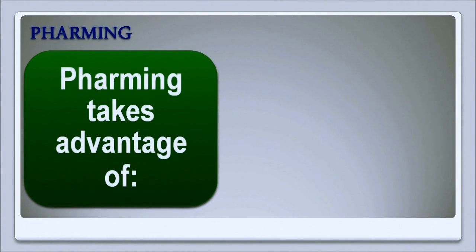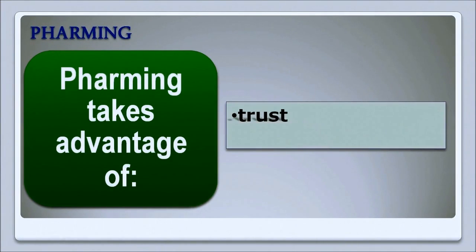Farming takes advantage of trust and confidence. Of course, the victim is totally confident and trusts the URL that he or she is entering into his browser. That is a website that he or she has regularly been using without any issues, and it could even be a saved website on the browser.